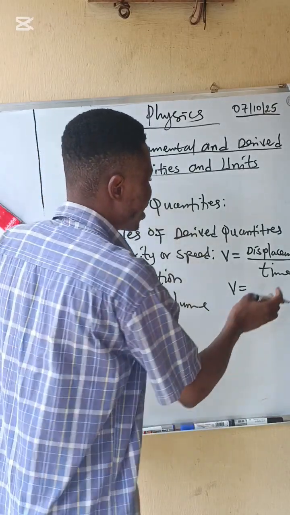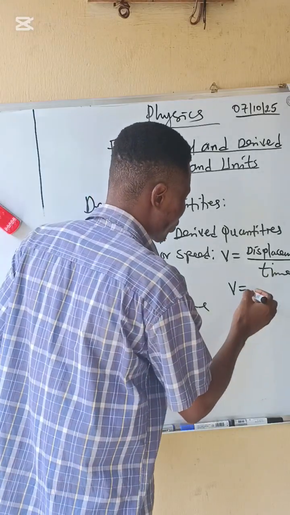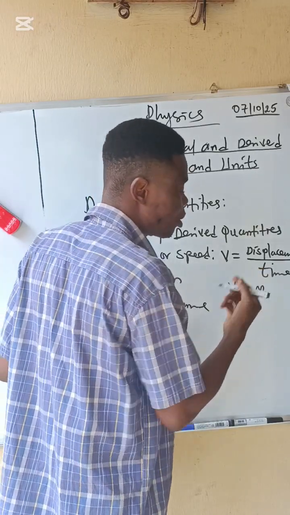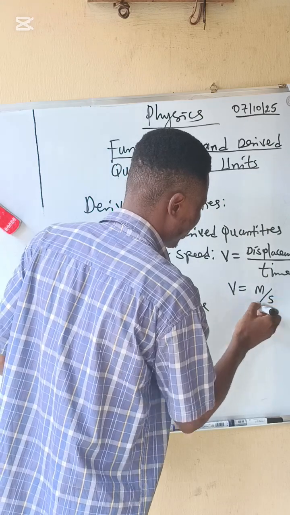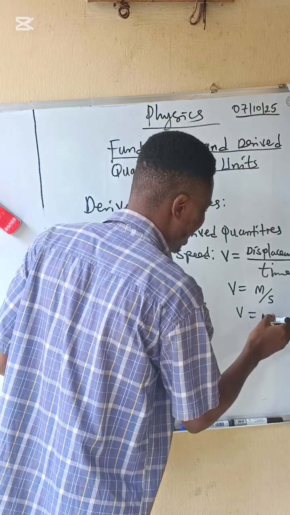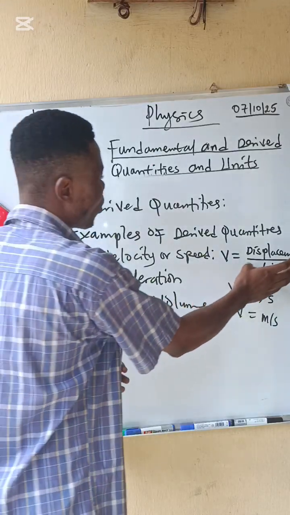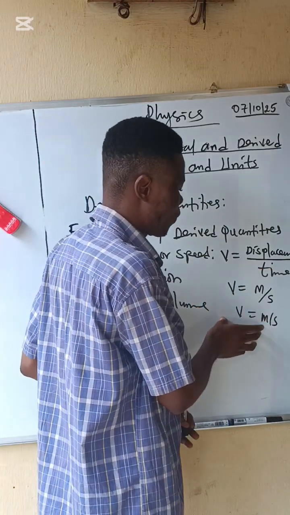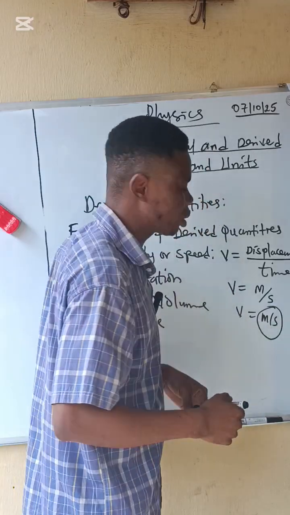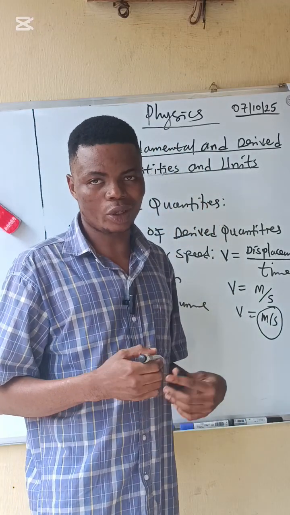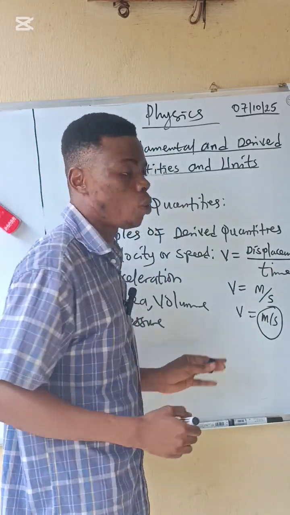Remember that displacement is measured in meter, and time is measured in seconds, divided by the seconds. So we now have v equal to meter per second. We use this formula to derive the unit for velocity. So the unit of velocity is a derived unit, and that is why we say meter per second is the derived unit for velocity.